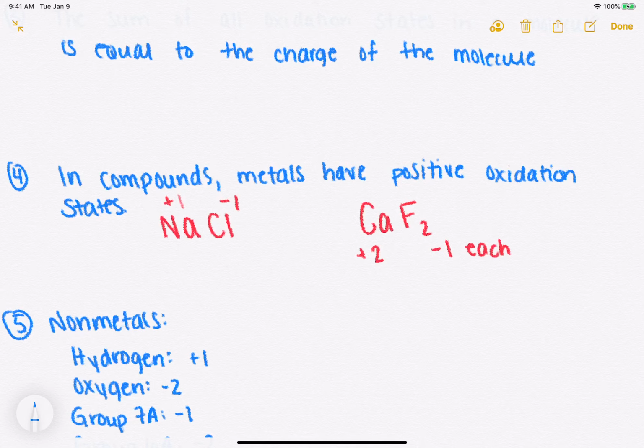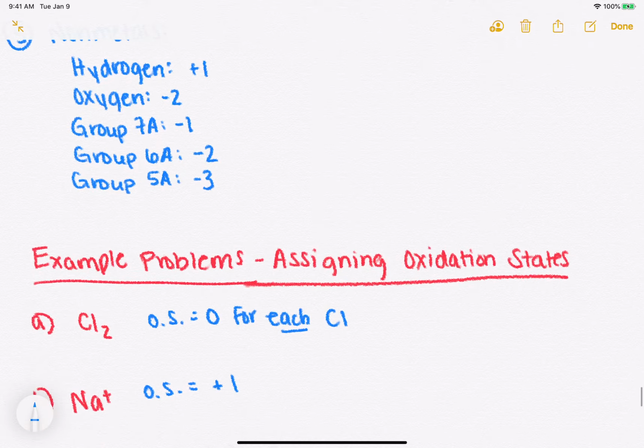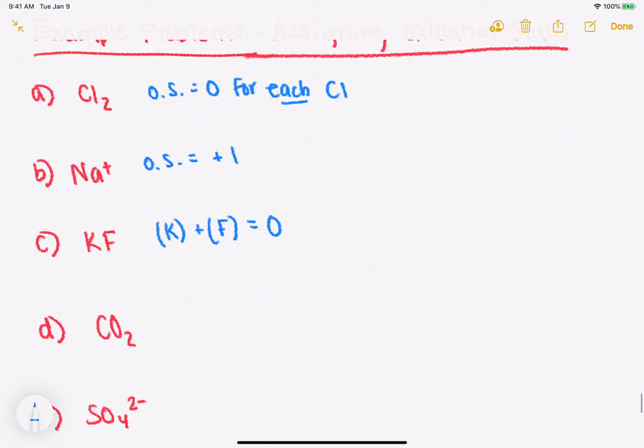In compounds, metals have positive oxidation states. So potassium is a metal, and it's a group 1 metal, so we're going to use the fact that it is a group 1 metal, and that is going to give us its oxidation state of +1.